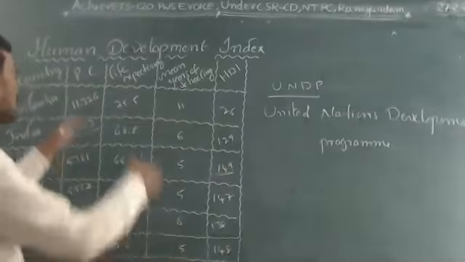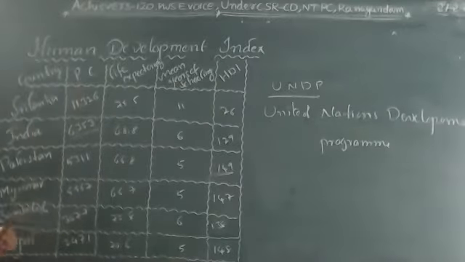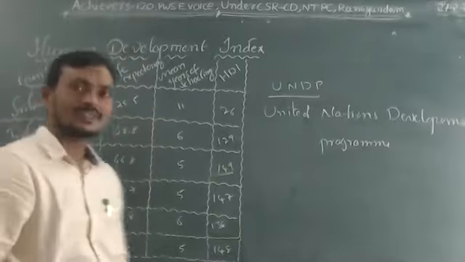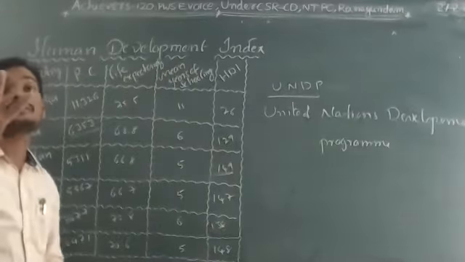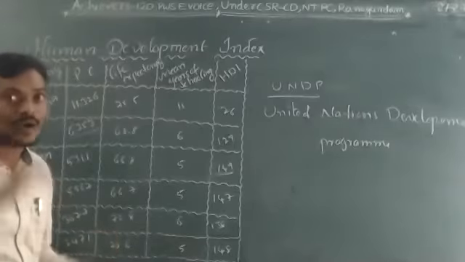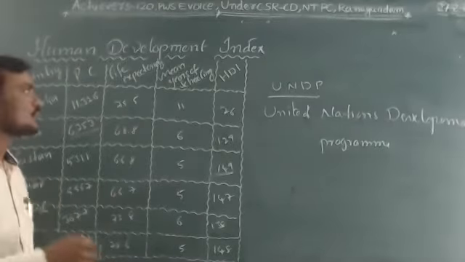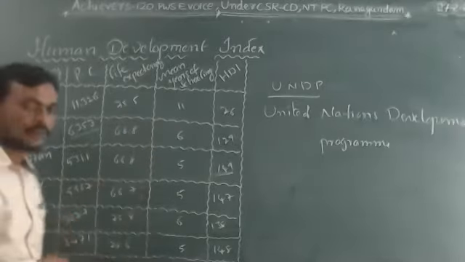So when we have seen this table, Sri Lanka is highest in per capita income, life expectancy, mean years of schooling, and also human development index. Clear? So based on this table, 4 questions are asked to get 8 marks. Each question carries 2 marks, my dears. So getting 8 marks is easy based on this table.